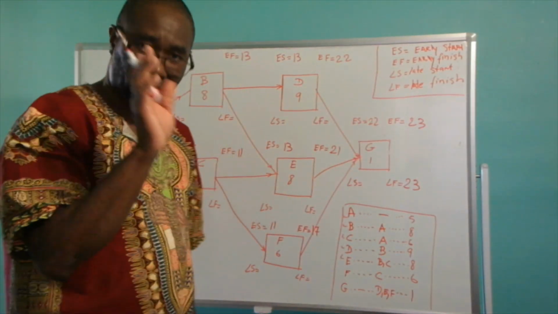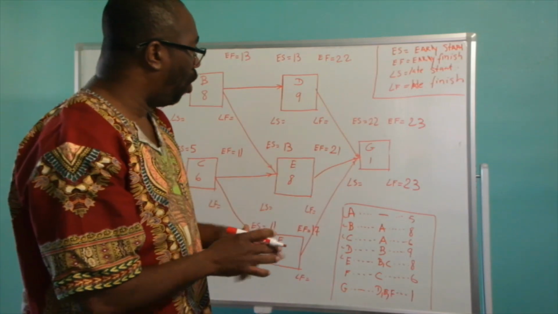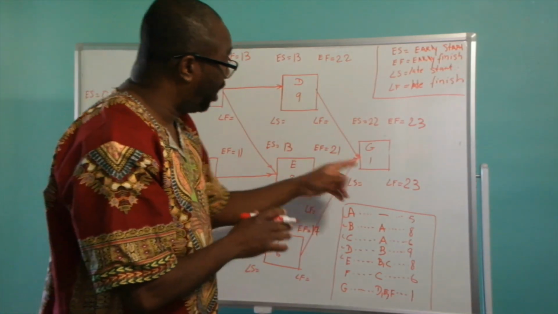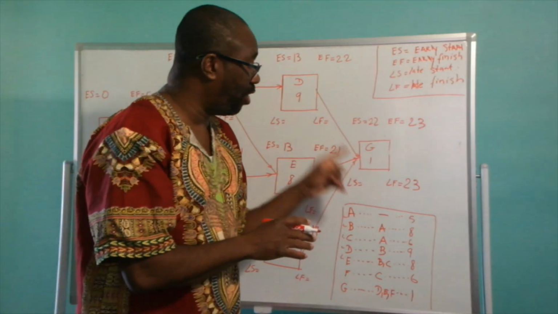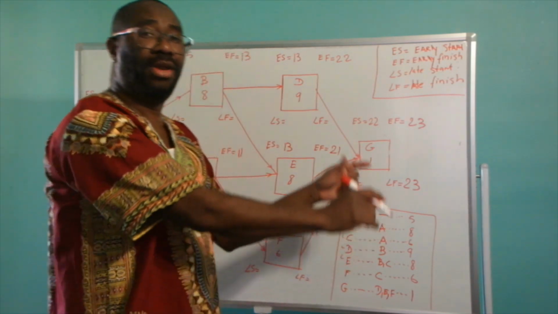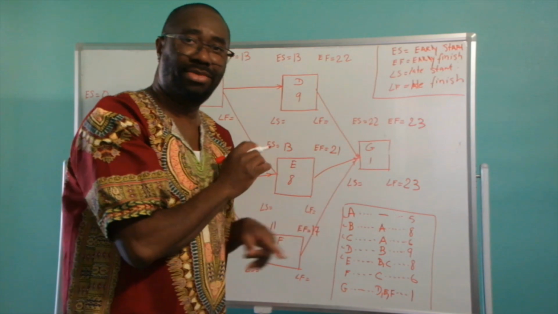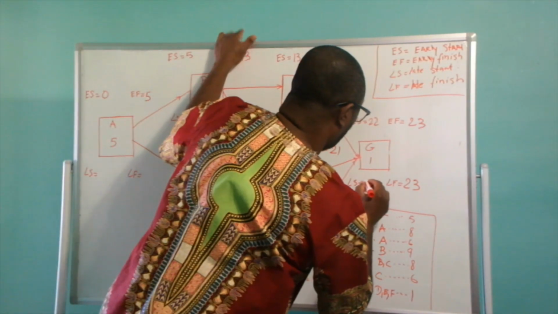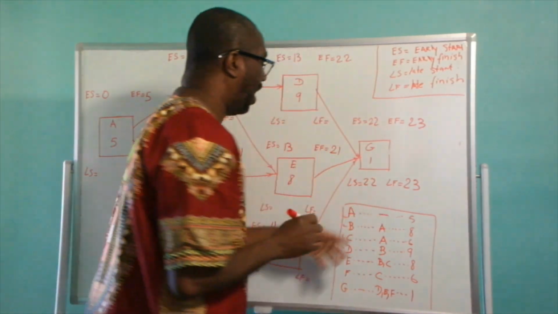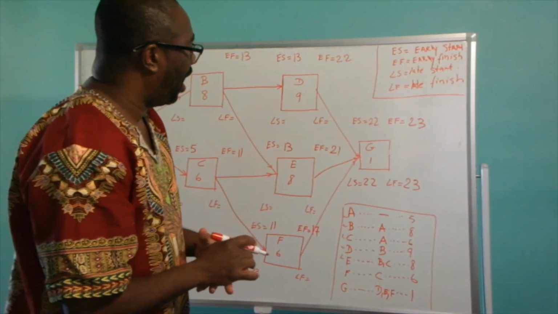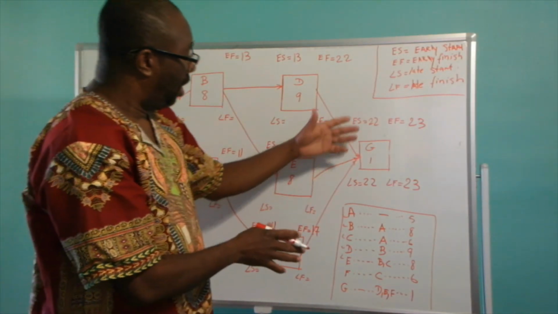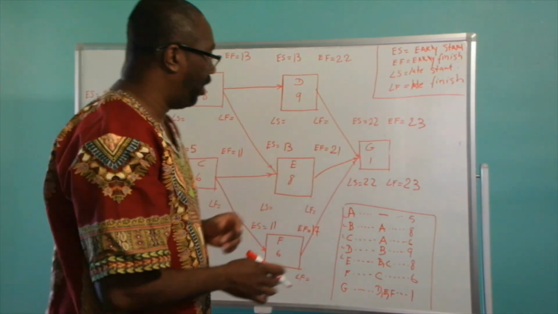days. Now, activity G has a duration of 1 day, so we are doing the backward pass now. So we're going to subtract 1 from 23, which is 22. So activity G has a late start of 22 days.